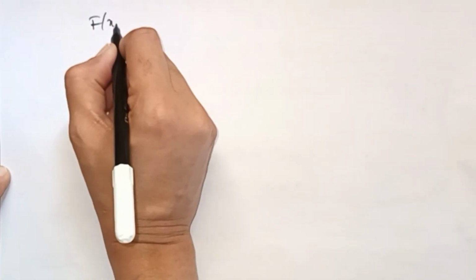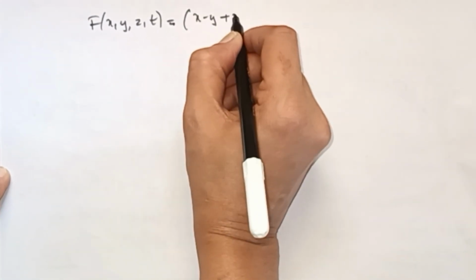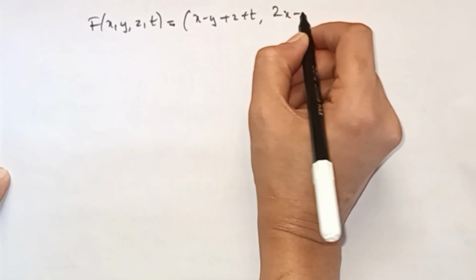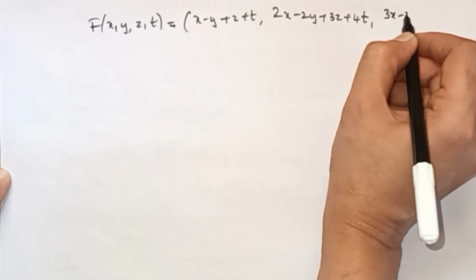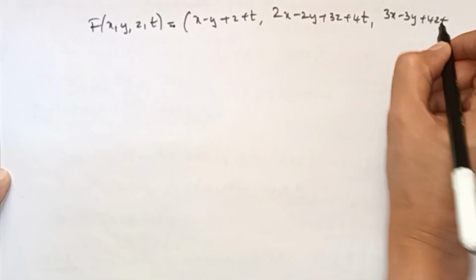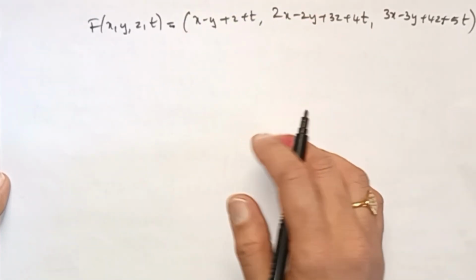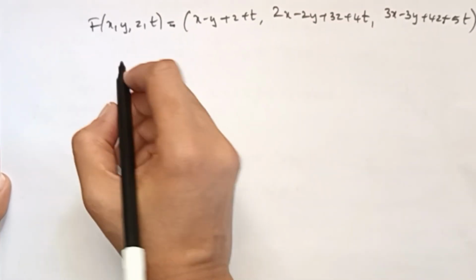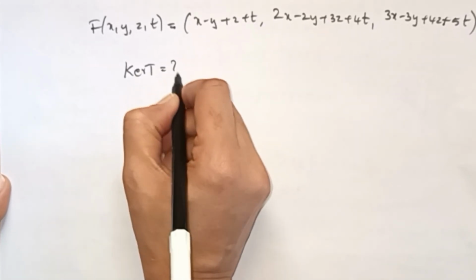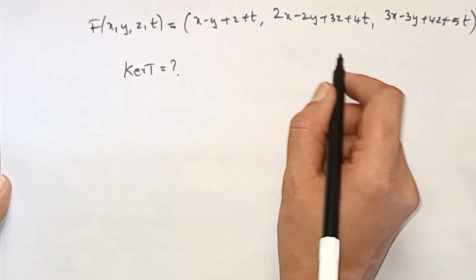But if, for example, f of (x, y, z, t) equals (x - y + z + t, 2x - 2y + 3z + 4t, 3x - 3y + 4z + 5t), the transformation is a little more than simple. In such cases, how do you find the kernel of T? What is the kernel of T? Where the transformation maps all vectors to the zero vector, that you have to find out.